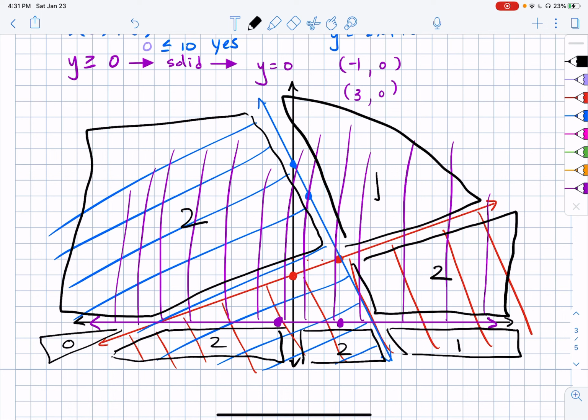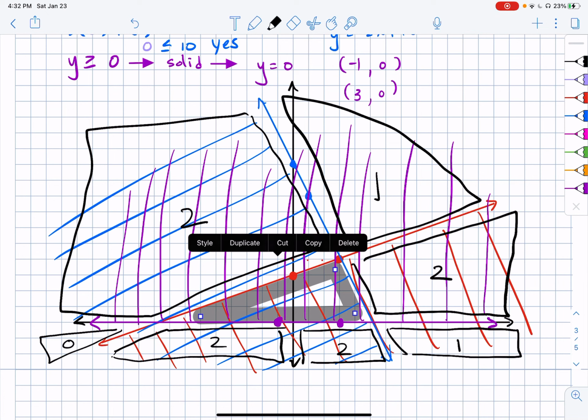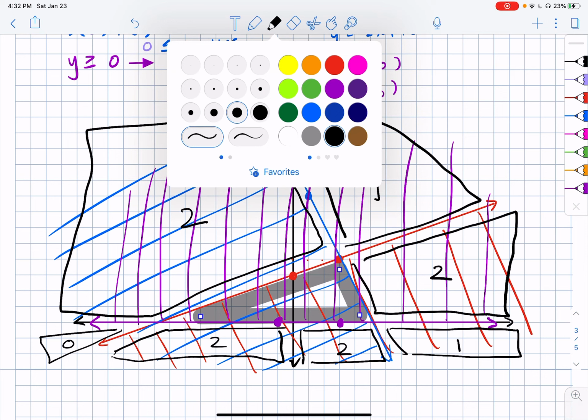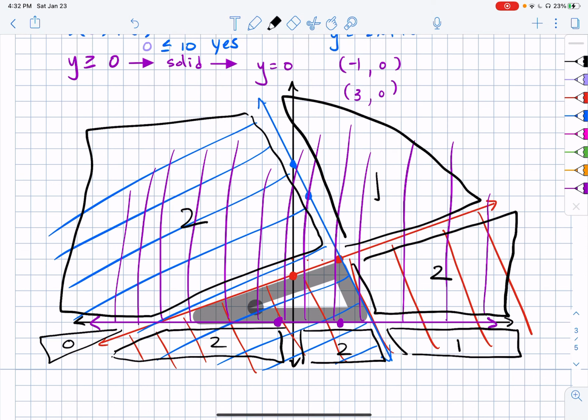But this right here, however, is shaded 3 times.